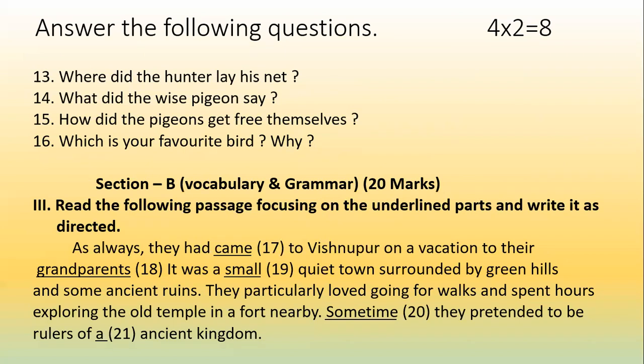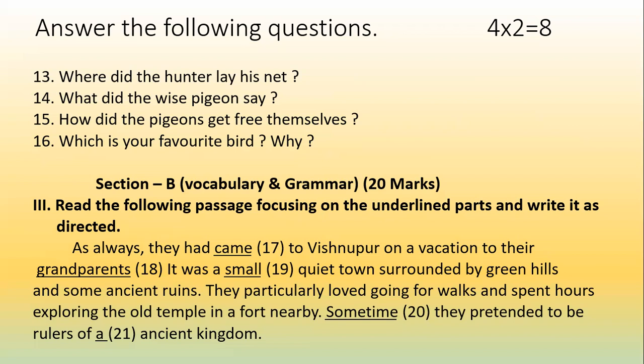Now answer the following questions, and you will be having 4 questions. Each question carries 2 marks. So 4 into 2 is equals to 8 marks. Where did the hunter lay his net? So, what you have to write? You already have the answer in your reading passage.